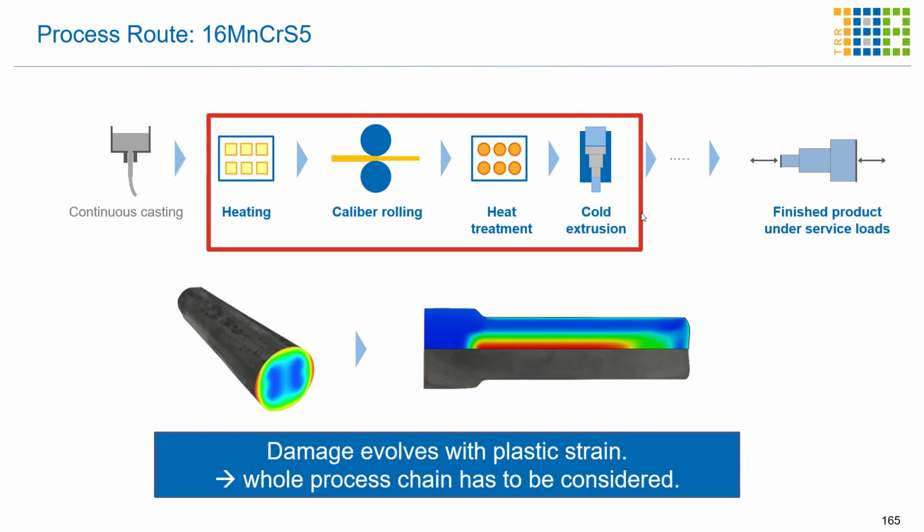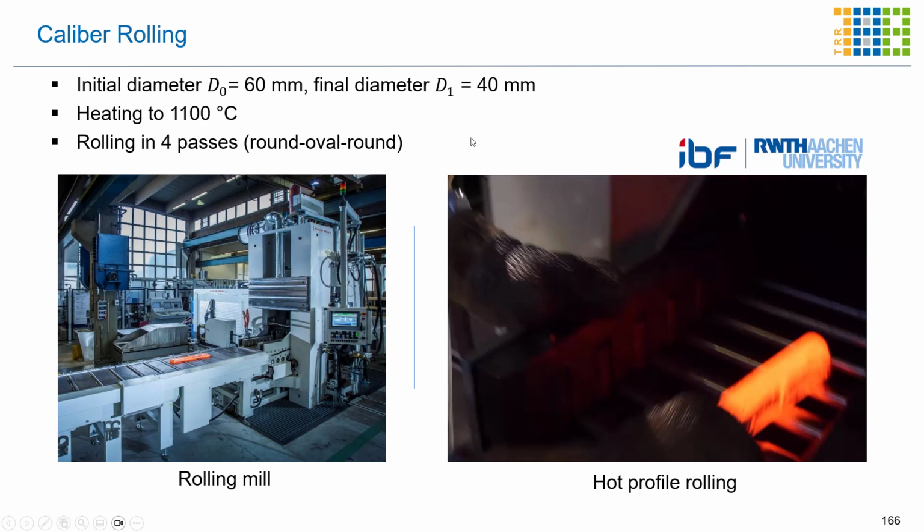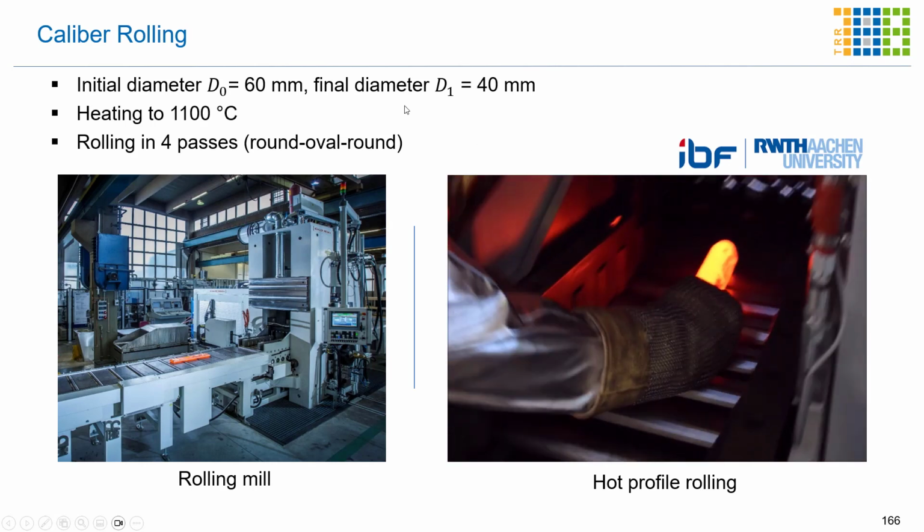For the following example, we assume that the heat treatment does not affect the properties between the caliber rolling and cold extrusion, and we just consider the material properties such as strain hardening and damage after caliber rolling for the subsequent cold extrusion.